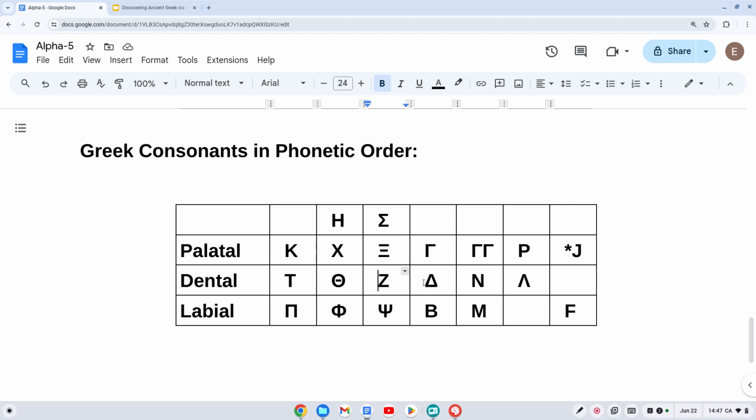And then you got your delta, d, your nasal, n, just like an N, and your lambda, like an L, your liquid.